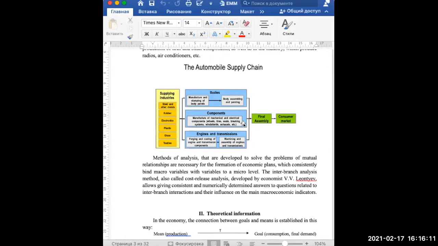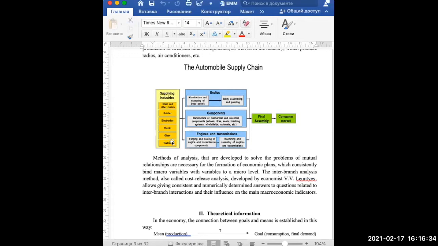We need steel, and it is given to us by the steel branch. We also need electronics, and it is produced for us by the electronic sector. We need glass, we need textile. So we are clients for these branches.